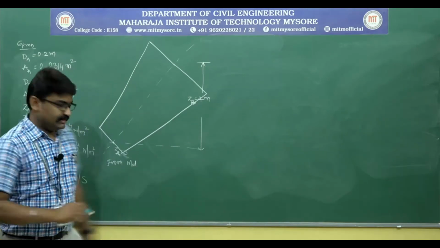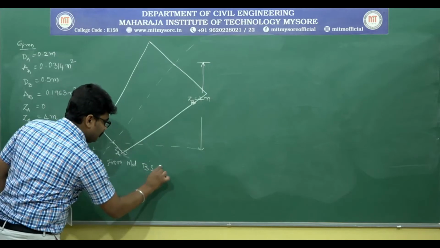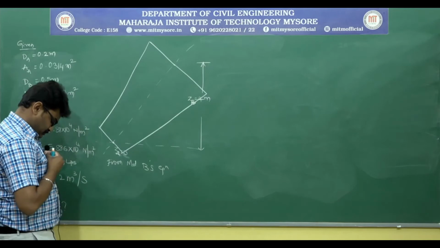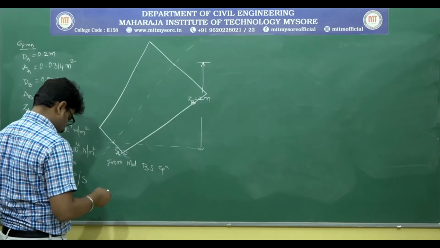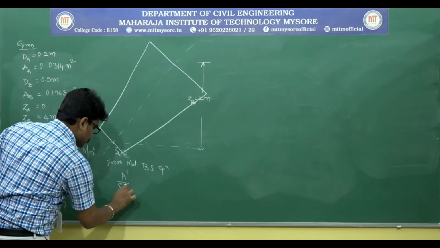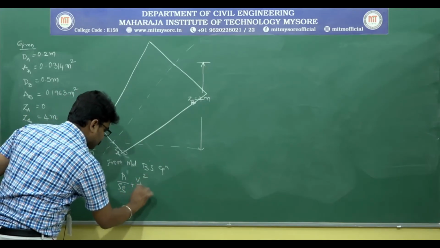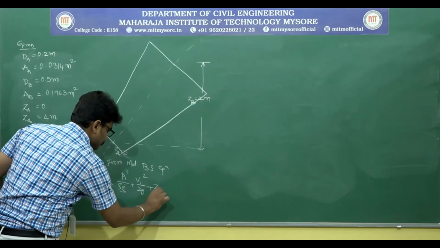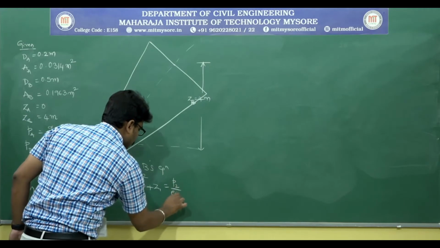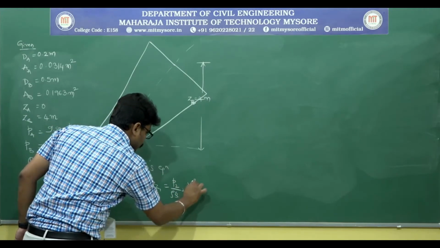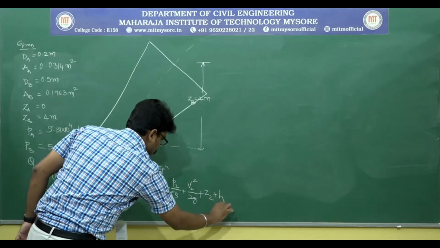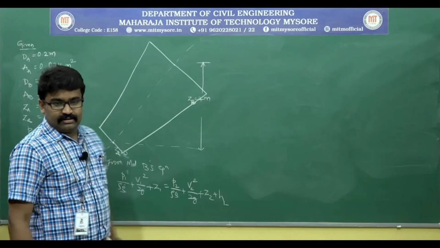Now from the modified Bernoulli's equation, you have P1 by rho g plus V1 square by 2g plus Z1 being equal to P2 by rho g plus V2 square by 2g plus Z2 plus HL.